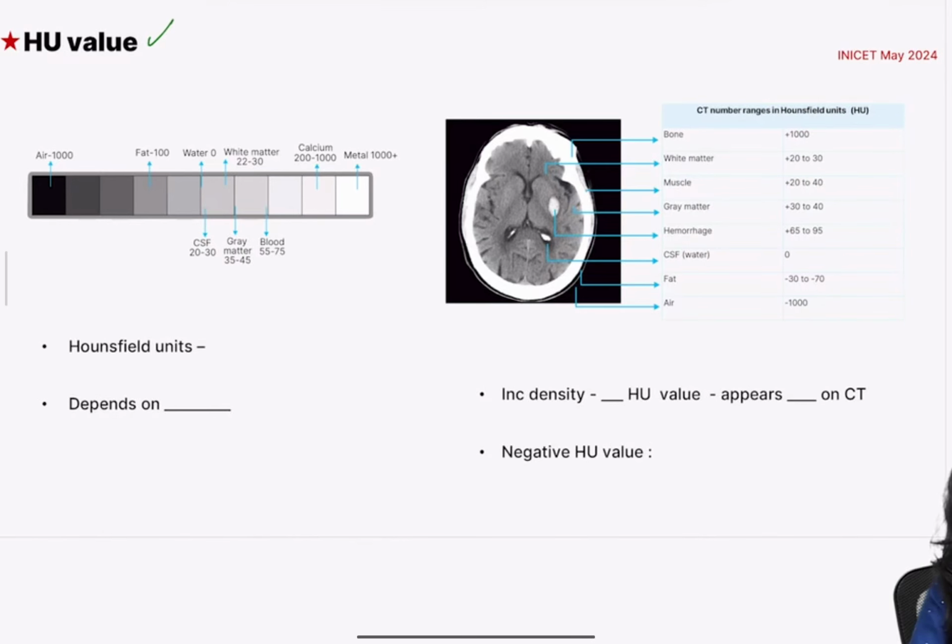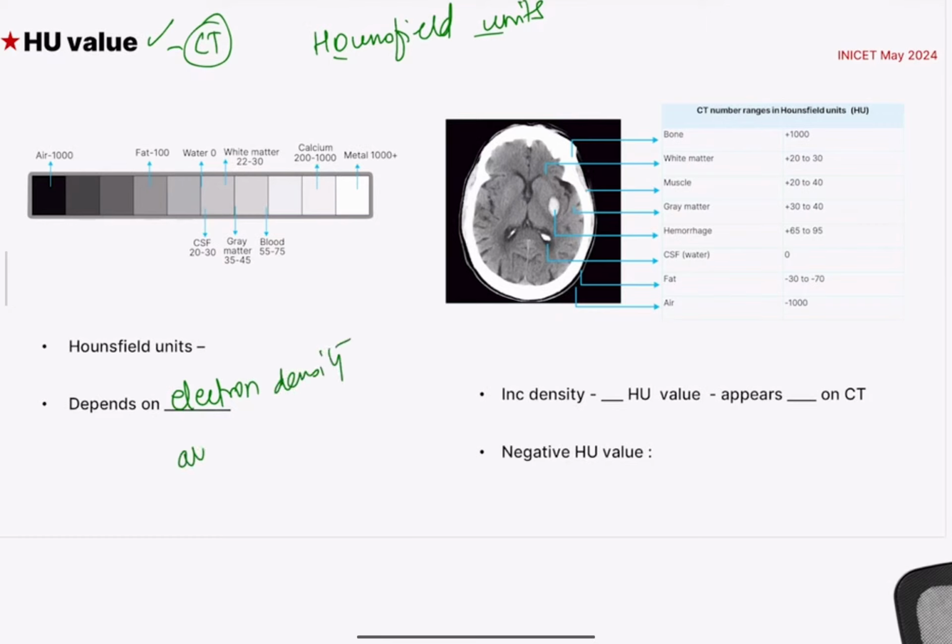So there is this concept of HU value in CT scan. What is this HU value? HU stands for Hounsfield units, right? After the name of Godfrey Hounsfield, who invented the CT machine, we have these Hounsfield units. So the HU value of a substance depends on its density, not the mass density, but the electron density, or the attenuation coefficient of that substance.